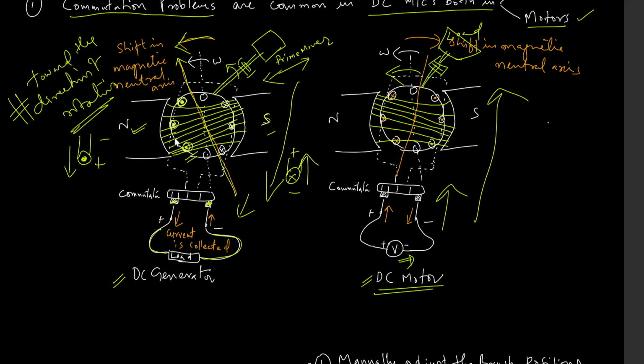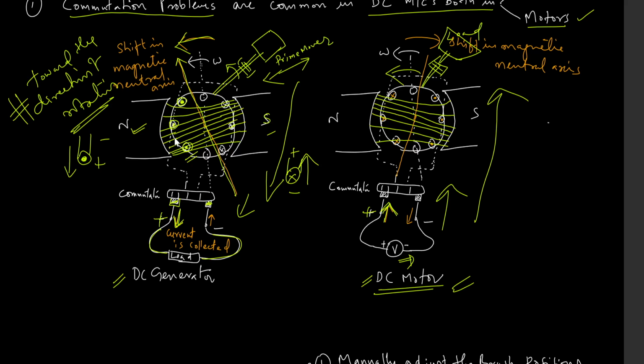Whereas in a DC motor, as we are feeding the current into the armature, the plus sign indicates the current is going into the brushes. In a generator, the plus sign indicates the current is collected from the brushes.